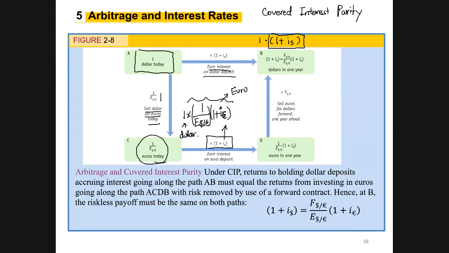So if you're using this one, that will be more straightforward to you, but they are the same one, right? $1 times the exchange rate today, so that you get the amount of euro, and then you deposit in the German bank, and you will get the interest rate that is here.